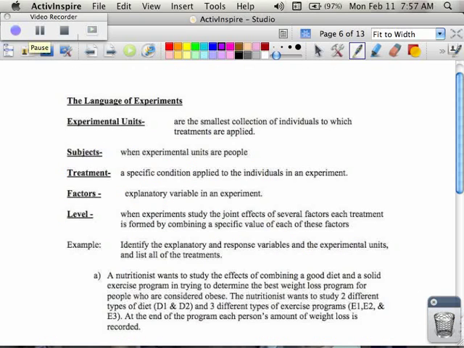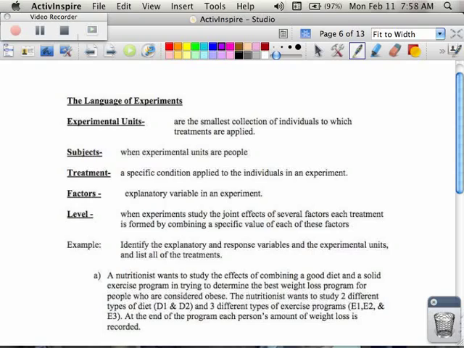So in experiments, there are certain vocabulary things you need to know. An experimental unit is the smallest collection of individuals to which your treatments are applied. So you could do it to every single person in here, or I could select males and females and talk about it that way. Your subjects are the experimental units when they are people.